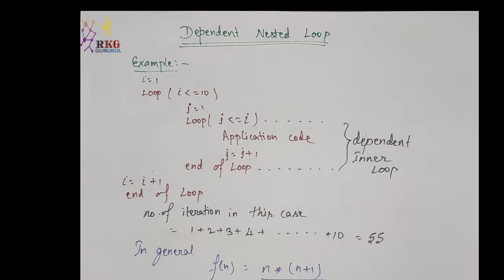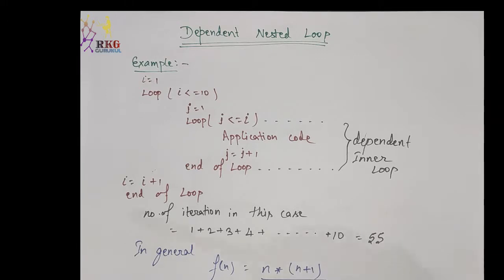Here the outer loop is the same as the previous loop. However, the inner loop is dependent on the outer loop. Here the inner loop is dependent on the outer loop for some of its factor. It is executed only once in the first iteration, twice in the second iteration, thrice in the third iteration, four times in the fourth iteration, and so on.